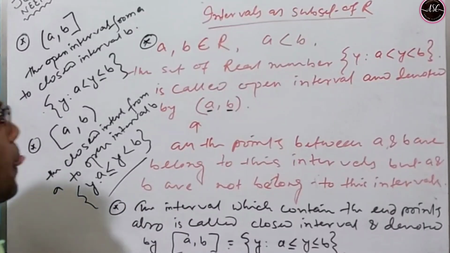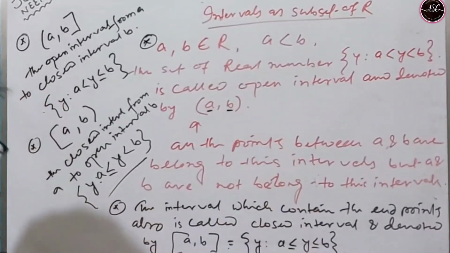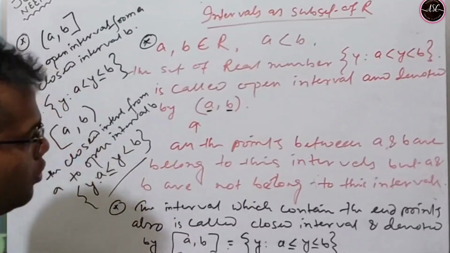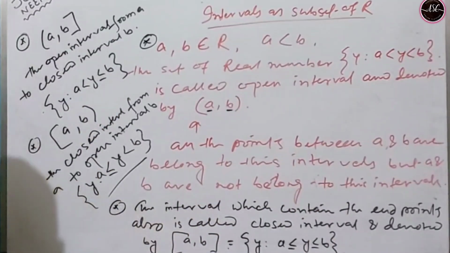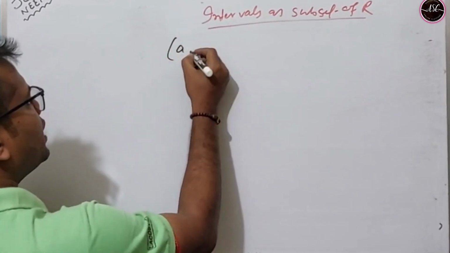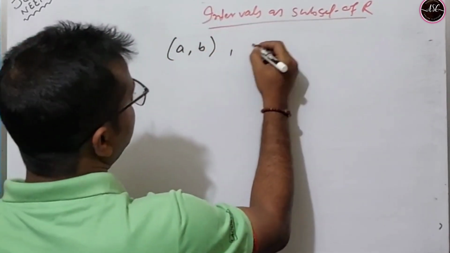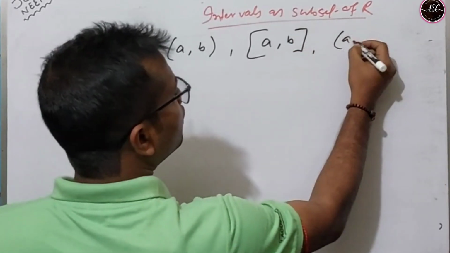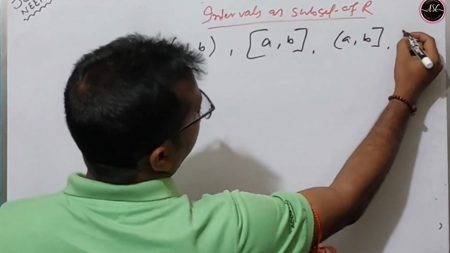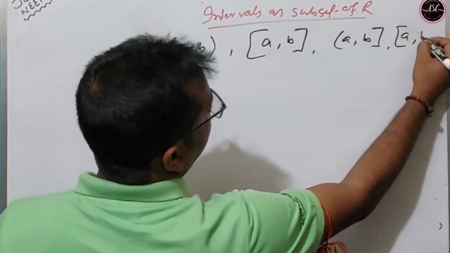So we have got four types of intervals. Only in real numbers do these intervals exist. We have seen the intervals (a, b), [a, b], (a, b] and [a, b).